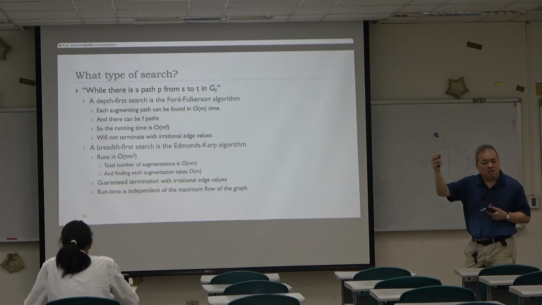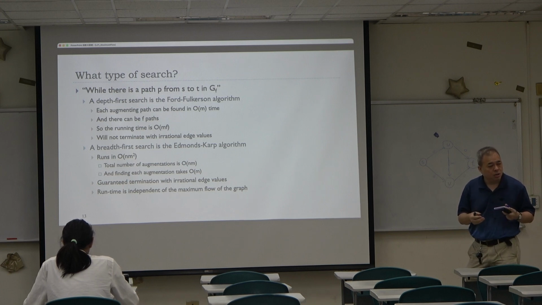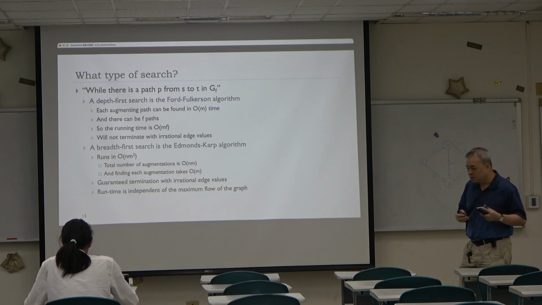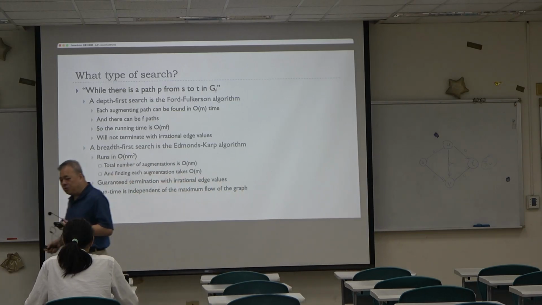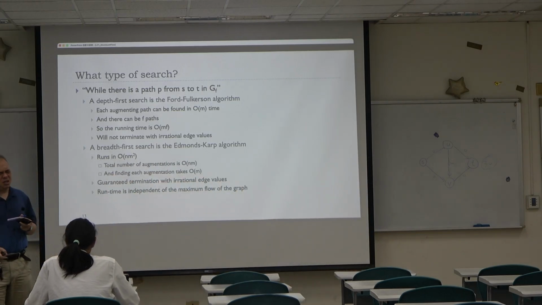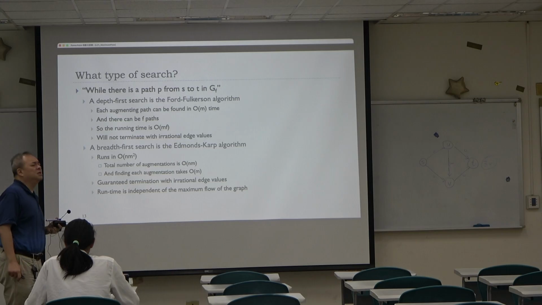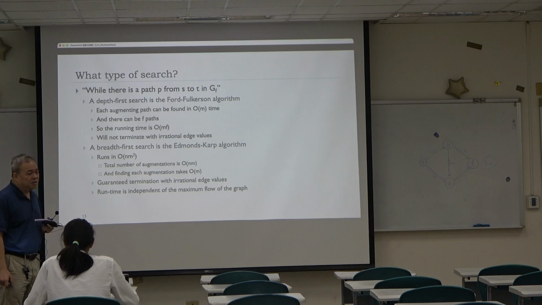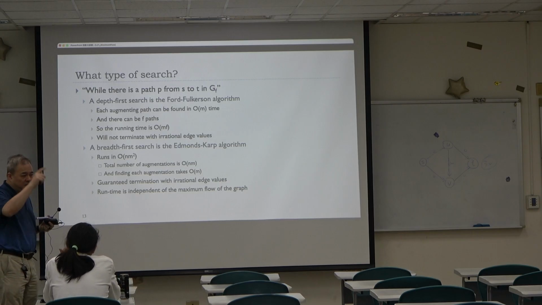But you see that the difference is huge. So this is something that you can consider. Usually you see that BFS and DFS don't make much difference. They are all graph traversal. No, it makes a difference. Because by doing so, we actually limit the number of augmenting paths.